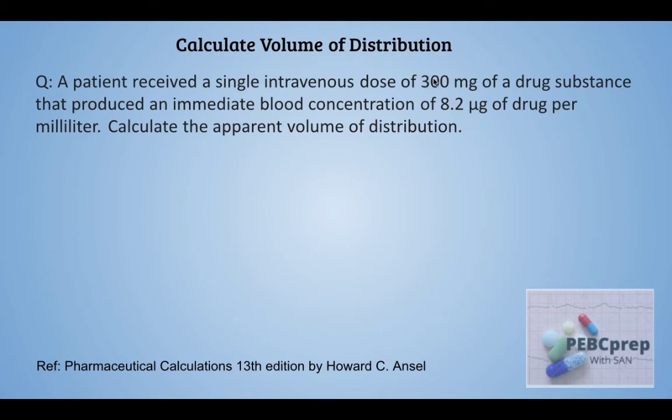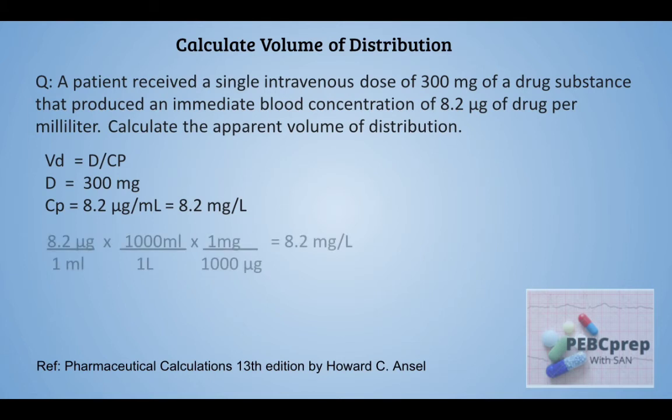What will be the apparent volume of distribution? We have dose and we have blood concentration. We know the formula is D over Cp. D is 300 milligrams and 8.2 micrograms per milliliter is plasma concentration. When we convert it, we got 8.2 milligram per liter. How?